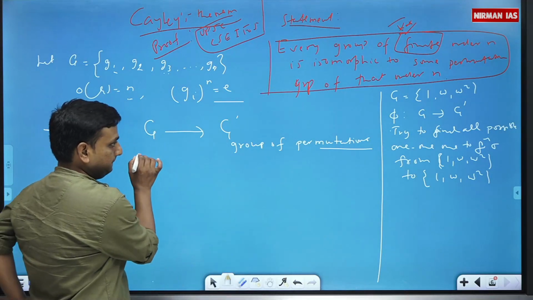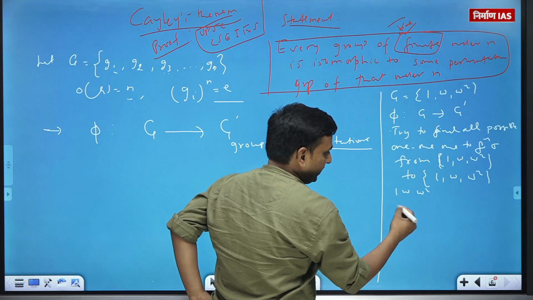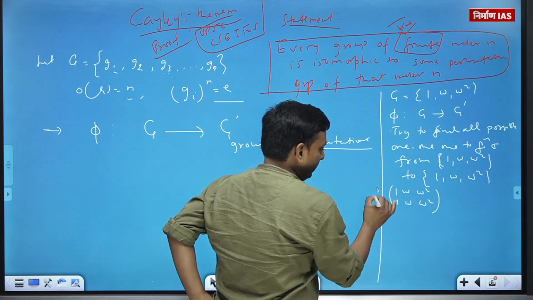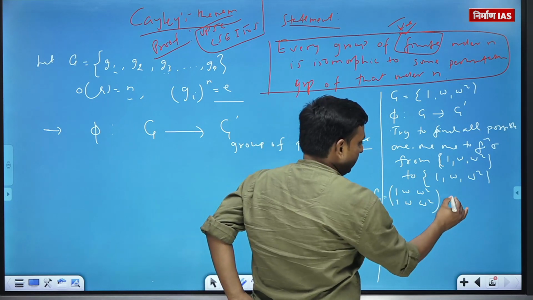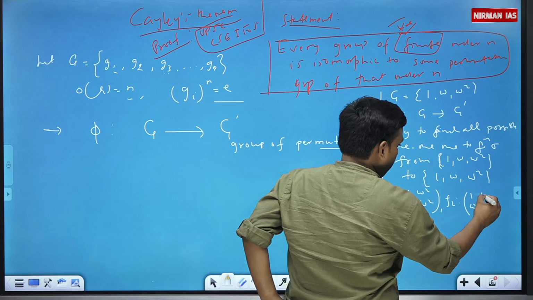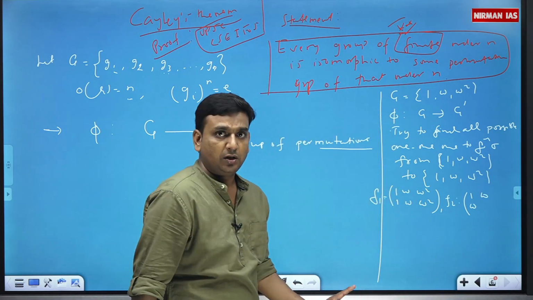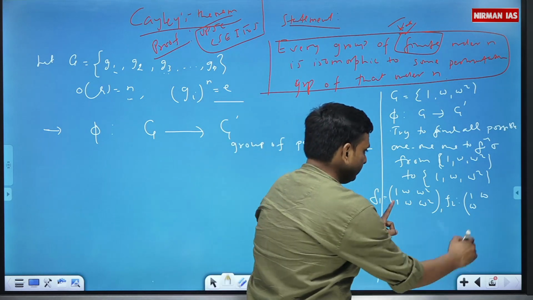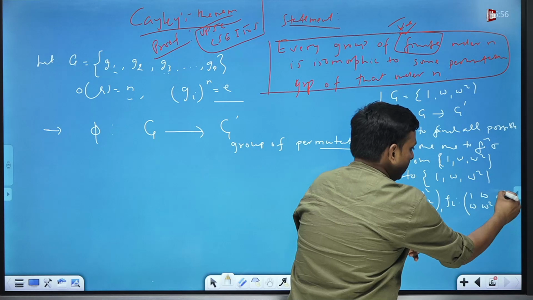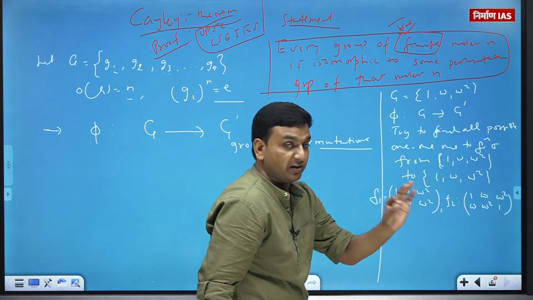Let's try. Let's say 1 maps to 1, omega maps to omega, omega square maps to omega square. This is my function F1. Let's define another 1-1 onto function where the image of 1 is omega, omega's image is omega square, and omega square's image is 1. I have defined another function knowingly. Please don't worry.